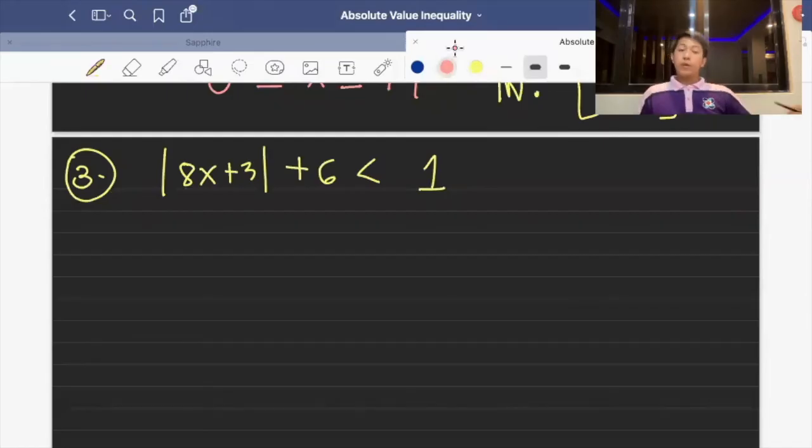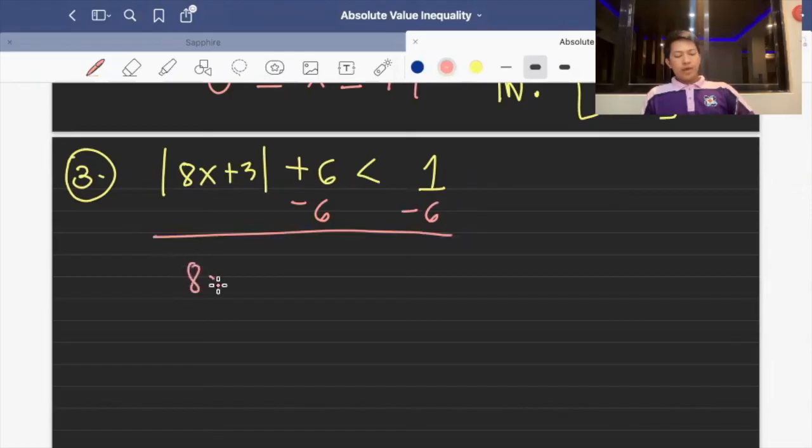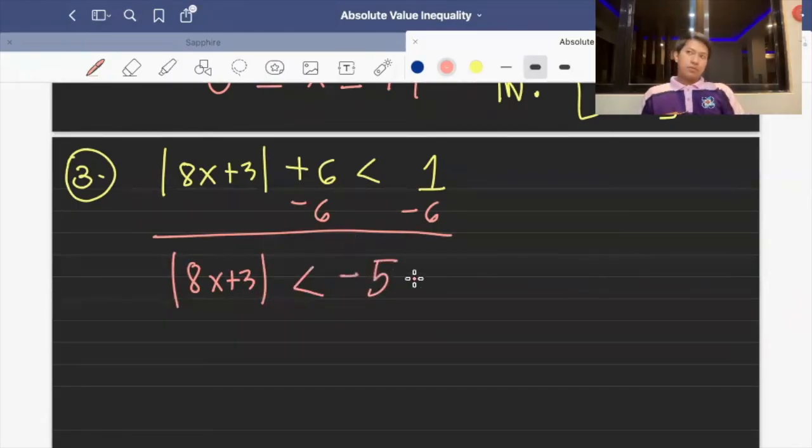So the first thing that we're going to do is to isolate the absolute value. So we're going to minus 6. The absolute value of 8x plus 3 is less than 1 minus 6. That's negative 5. All right. And we have to remember one of the properties of absolute value, which is what?